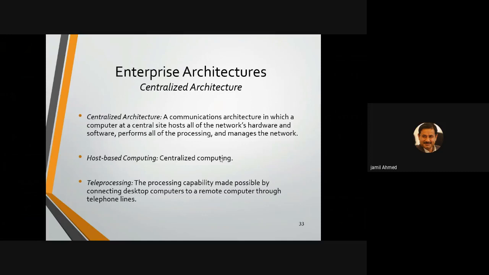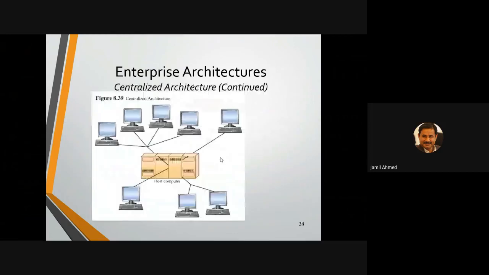For example, one computer has been connected with our Wi-Fi device, our modem, DSL modem, and another is in another city. A Wi-Fi modem is used. So through the Wi-Fi modem, several devices can be connected, either it is a PC, personal computer, or a workstation, or a mobile. So teleprocessing provides these facilities.